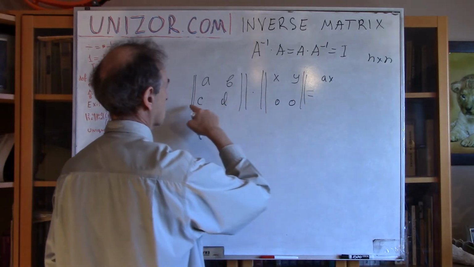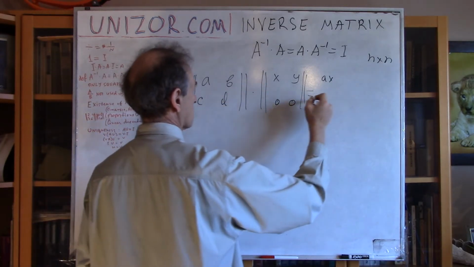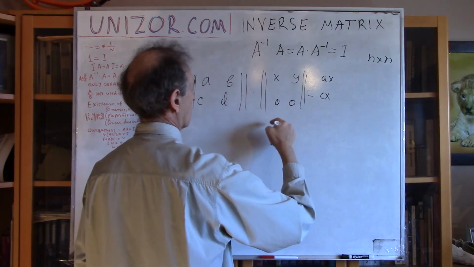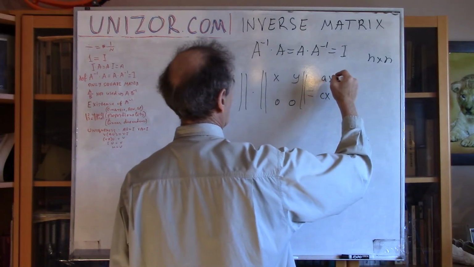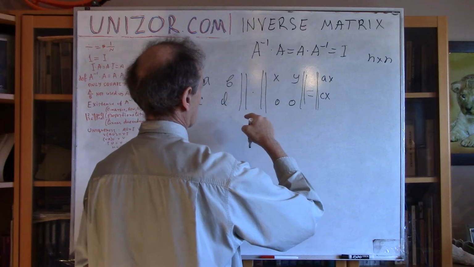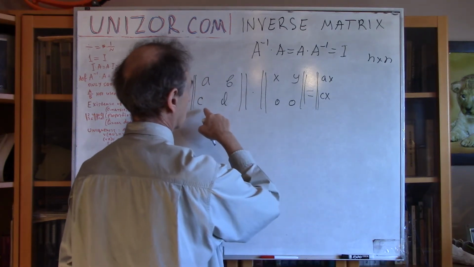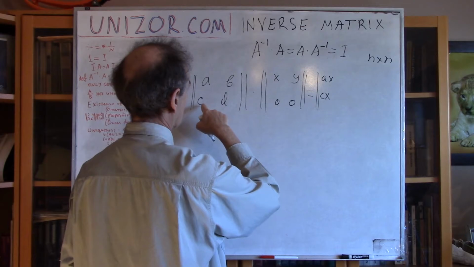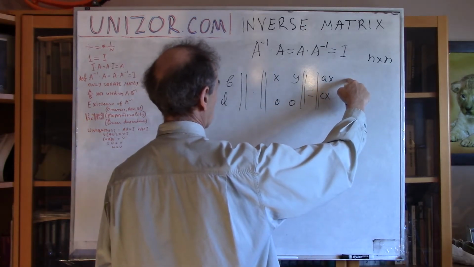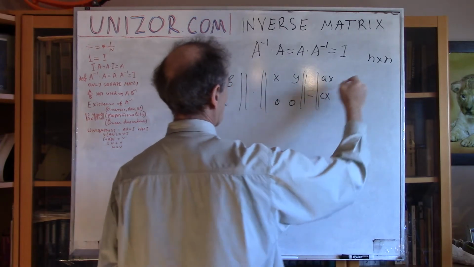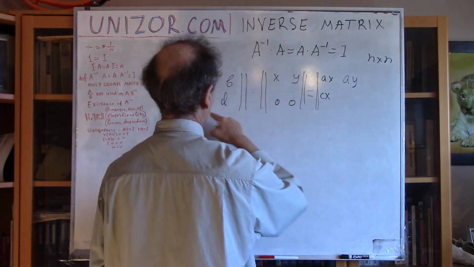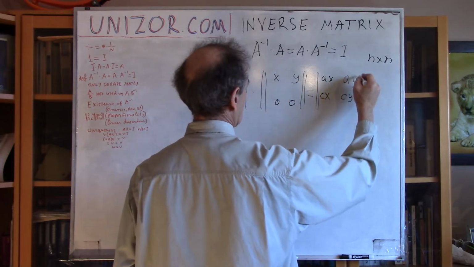The second row times the first column is cx and d0. Element 1, 2 is ay plus b0, and here is cy.